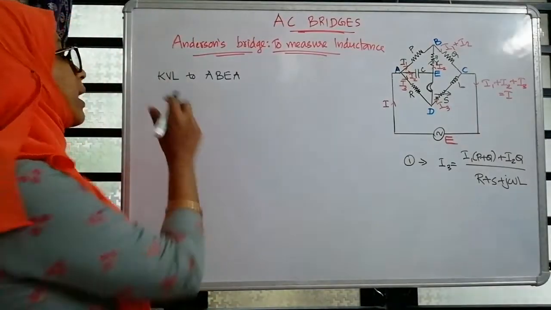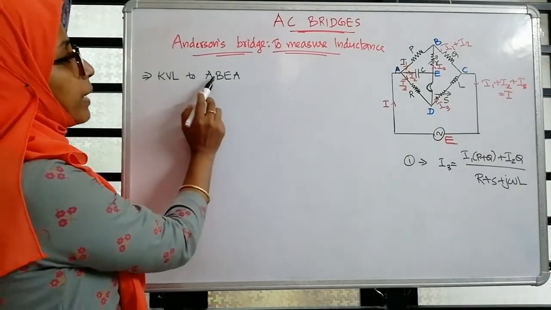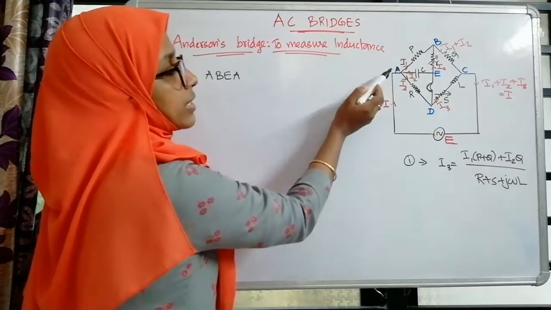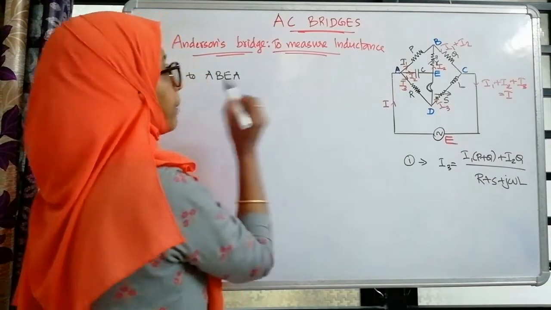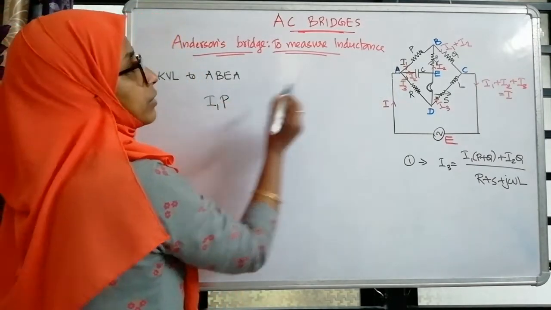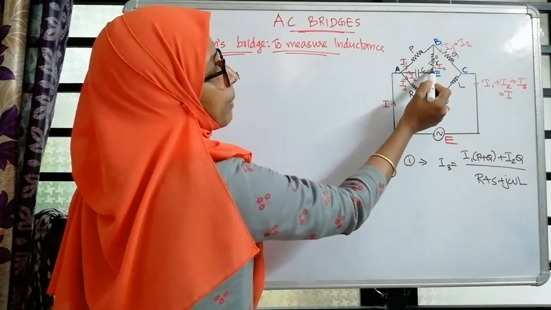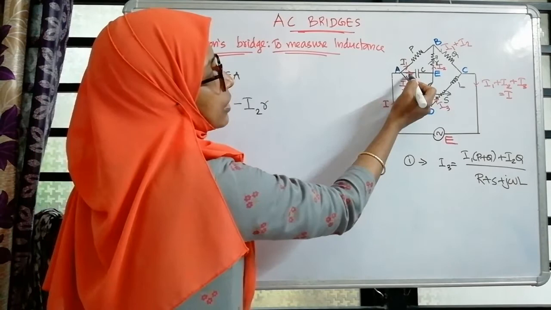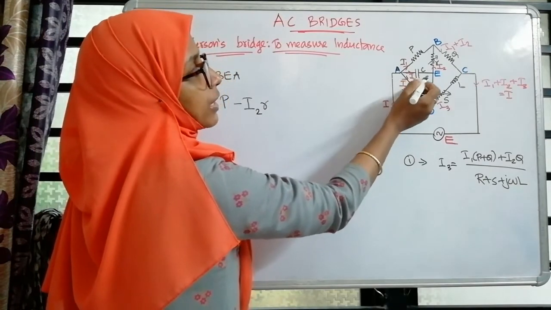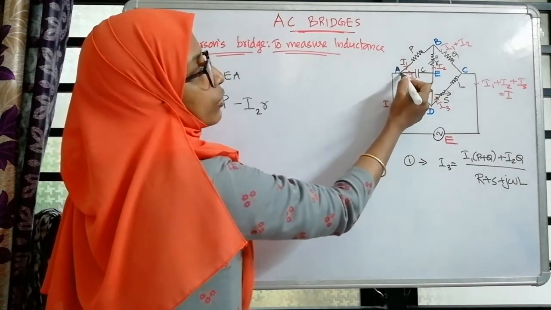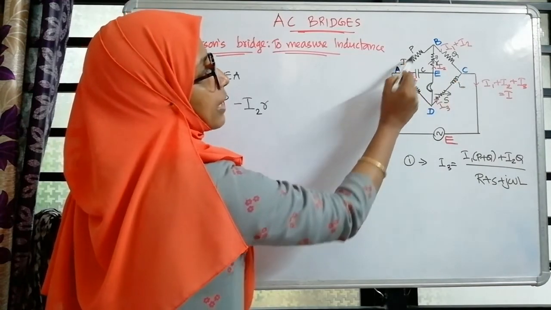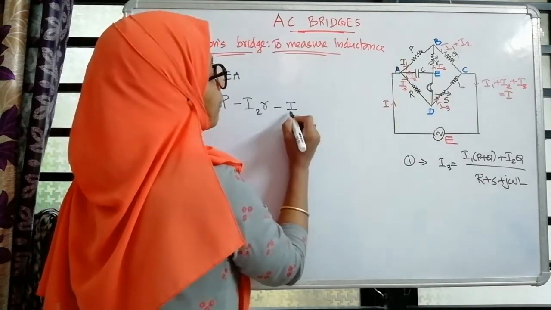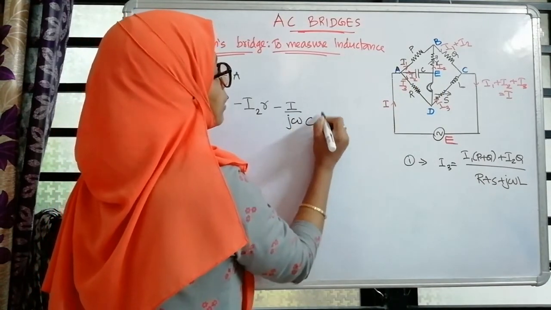So now we can apply the Kirchhoff voltage law to the closed loop A, B, E, A. We can start from A. It is I1 into P, and B, E, that is minus of I2 into R, and here also we are coming in the opposite direction of I2, since I2 is passing along this direction and the closed loop is A, B, E, A. So minus I2 and the capacitor effect by j omega C is equal to 0.